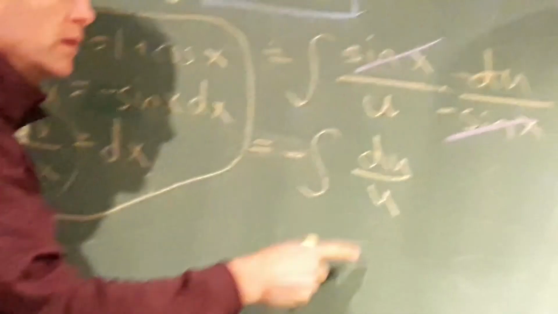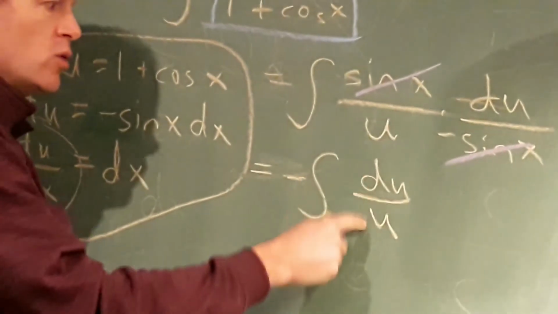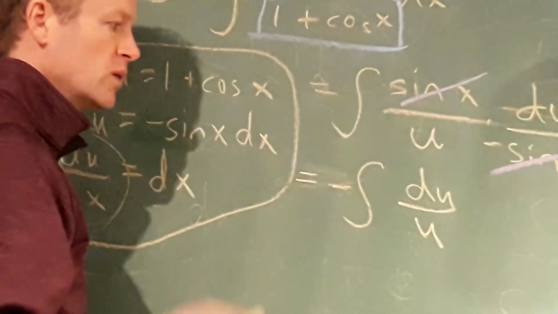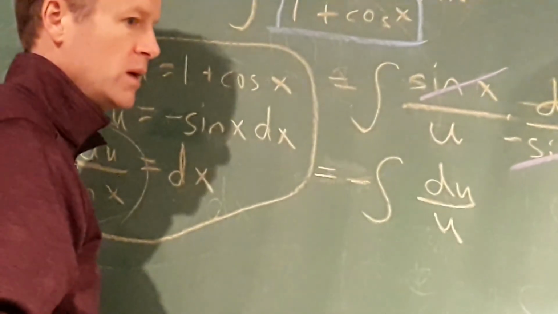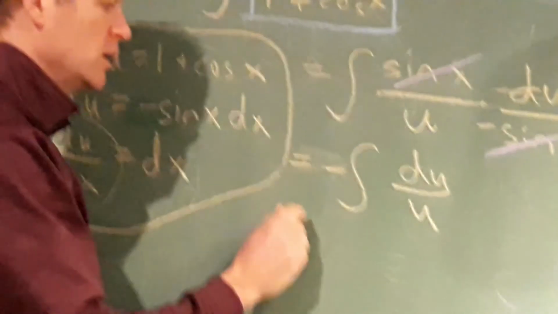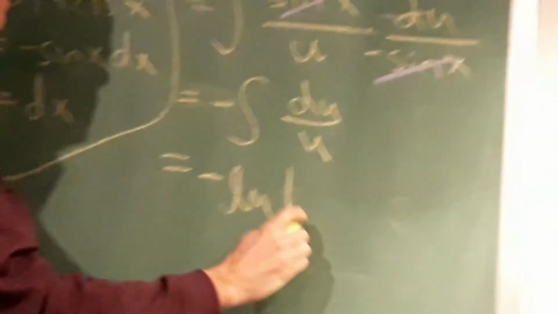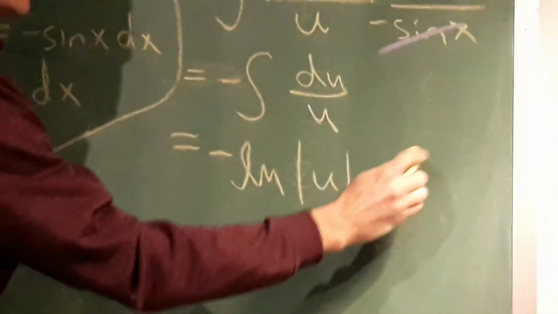So the antiderivative of du over u is just the natural log of u. So in this one, the antiderivative is going to be negative ln of u plus a constant.